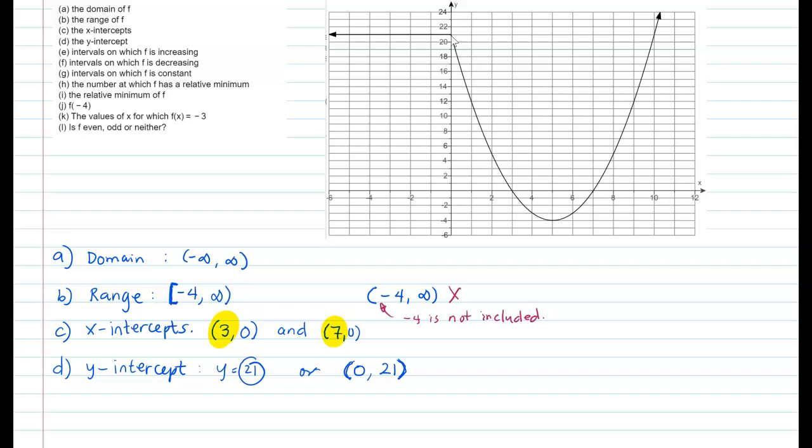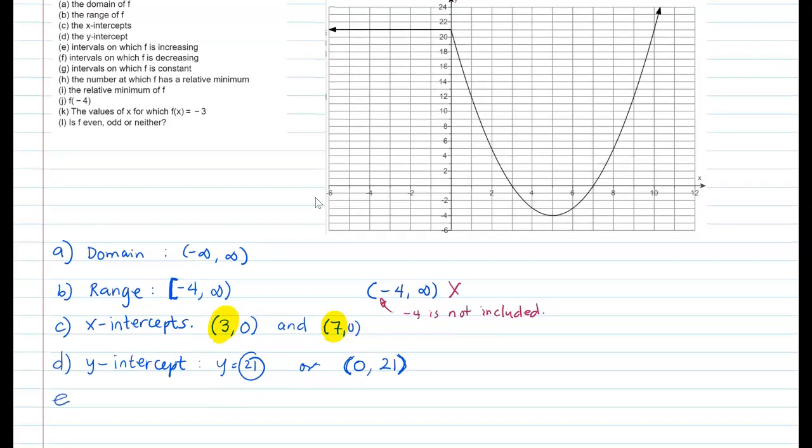Next, we are to determine the intervals for which the function is increasing. Increasing means going up, and it's always from left to right. So letter E, you want the intervals for which the function is increasing. You examine the function from left to right.